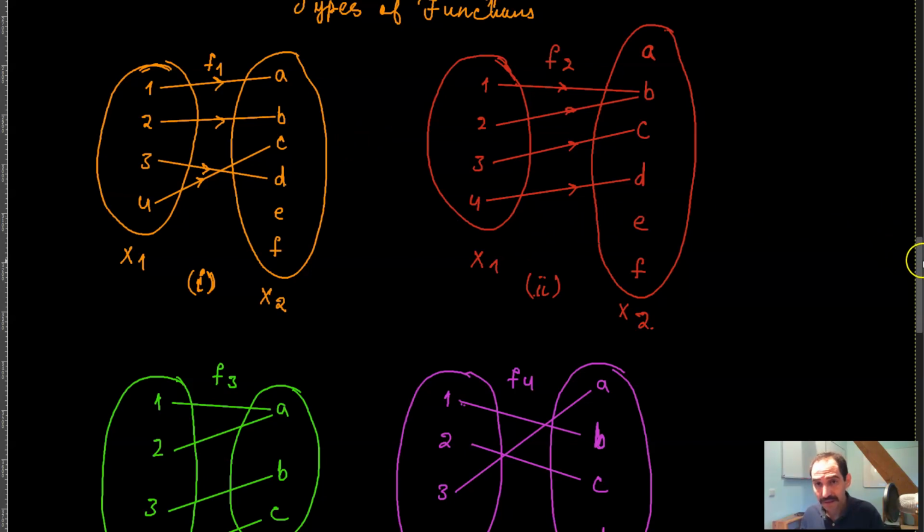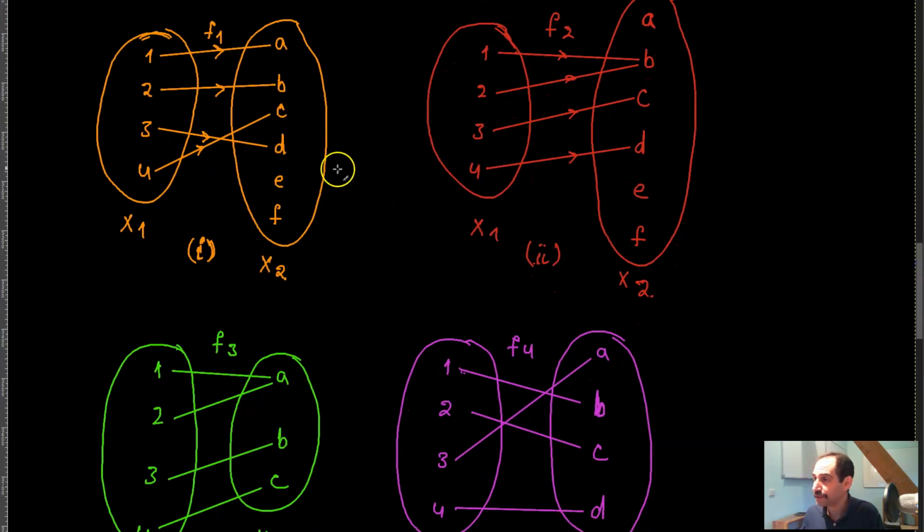Basically, in this figure that we have here, we can observe that the images of distinct elements of x1, 1, 2, 3, and 4, under the function f1 are distinct, right?